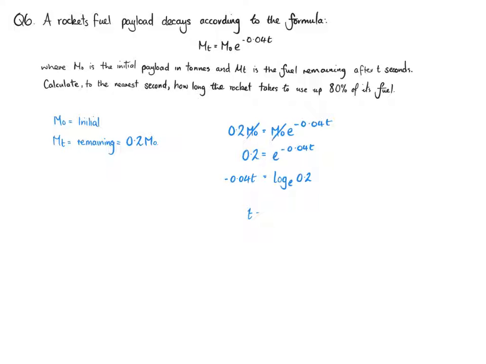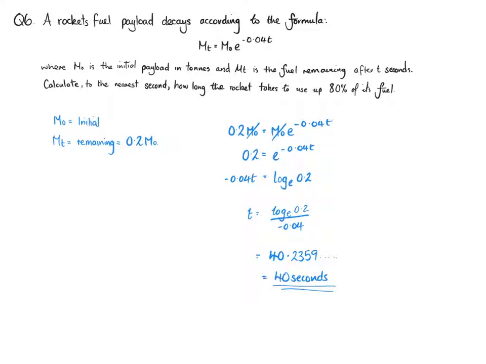So t equals log to the base e of 0.2 divided by negative 0.04. Put that into our calculators and we get 40.2359, but we've been asked to the nearest second, so it's 40 seconds. So it's not very long, is it, for a rocket to use up 80% of its fuel?